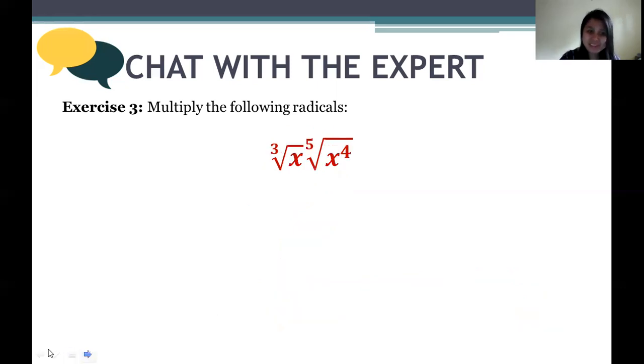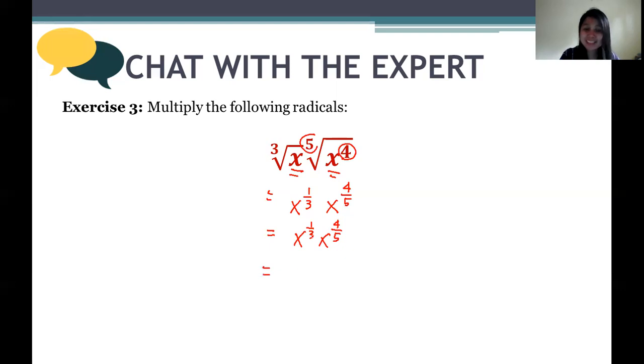Ready? They have the same base. Their radicand is x. So we can rewrite it into a rational exponent form. Ready? x to the power of 1/3. And the other is x to the power of 4/5. The numerator is the exponent. The index is the denominator. Then we will add the exponents. x to the power of 1/3 and x to the power of 4/5.